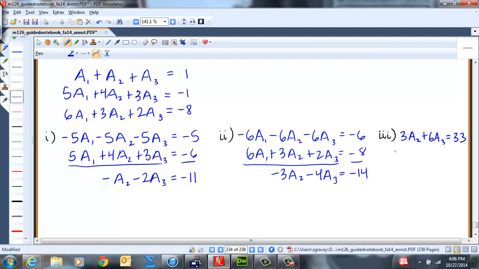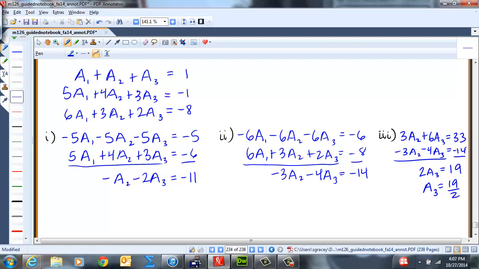And then we'll keep the other one unchanged. Then the a2's will zero out. We'll have 2 of the a3's, and that's going to equal, let's see, 13 minus 4 is 9. And then 2 minus 1 is 1. So a3 will be equal to 19 halves.